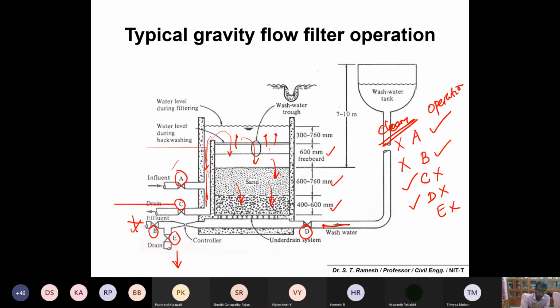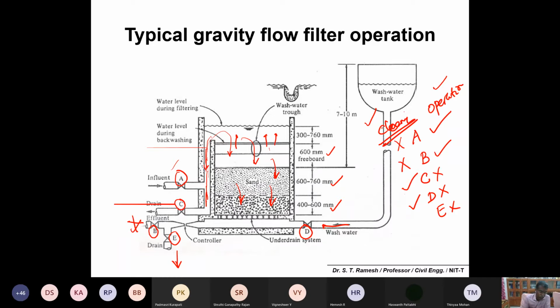So three operations, please remember: during operation, during cleaning, and immediately after the cleaning. If you allow the influent to pass in, initially because of bed dislocation and settled flocs, there could be turbid water that you need not allow to go along with the effluent.